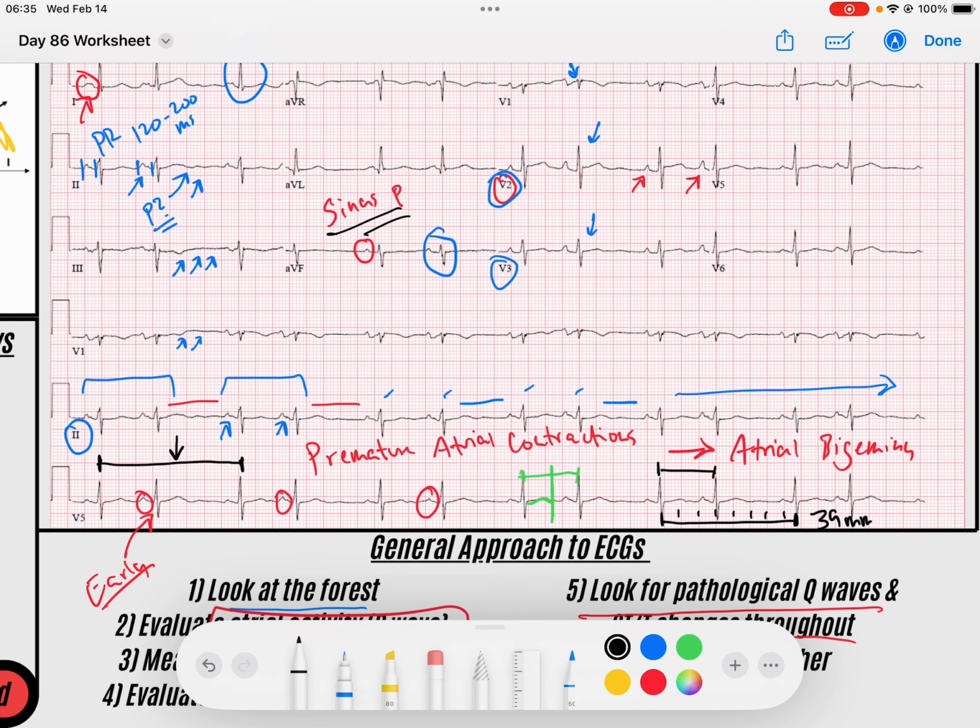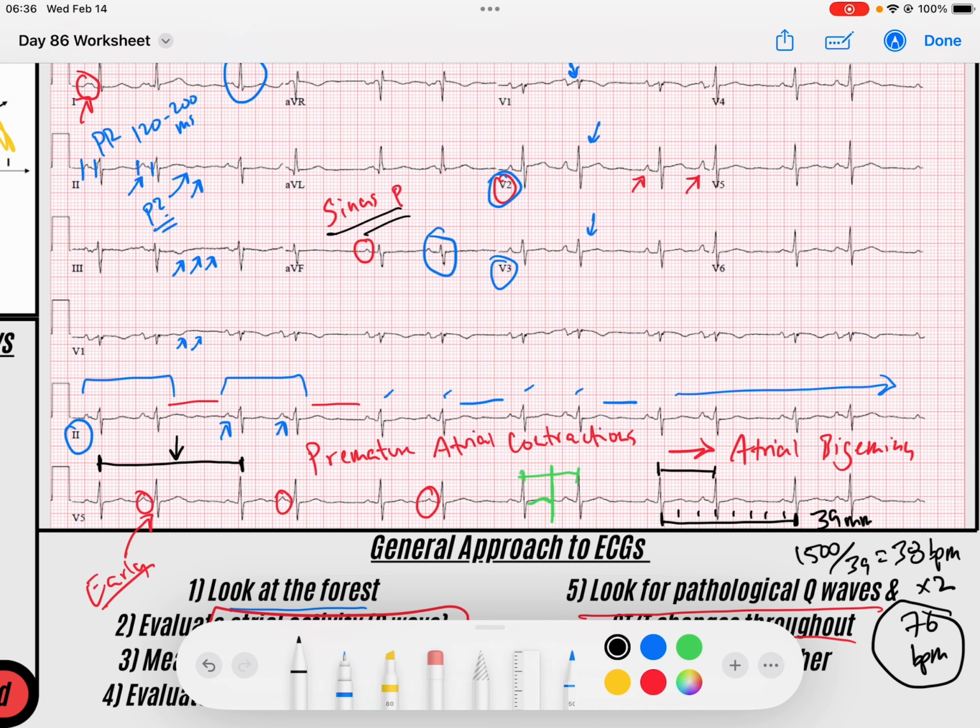One way that you can calculate the rate is 1500 divided by the little boxes, so 1500 divided by 39, sorry, I'm doing this in real life, is 38 beats per minute, but we need to double it. So times 2, that is going to be 76 beats per minute. We have to double it because we're measuring 2 QRS durations.